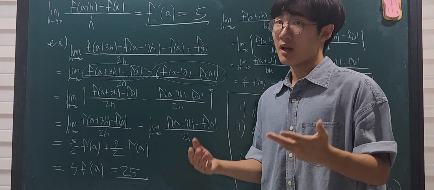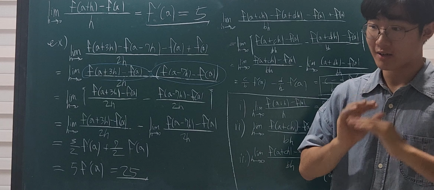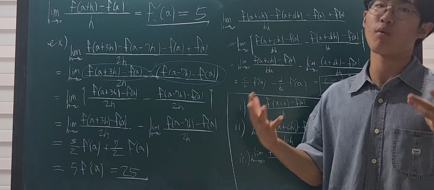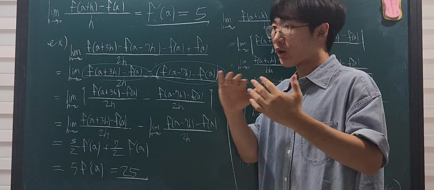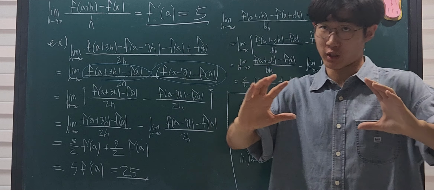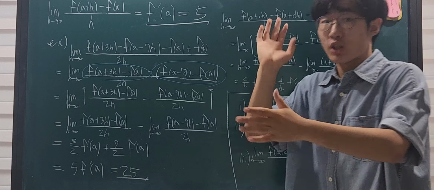In that case, I always want to encourage you to never be frightened. Always try to tailor the equation into a form of the first principles. So let's go over one more time.